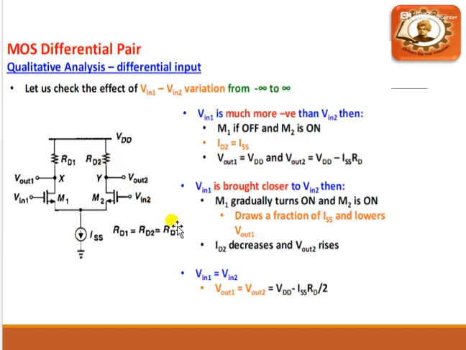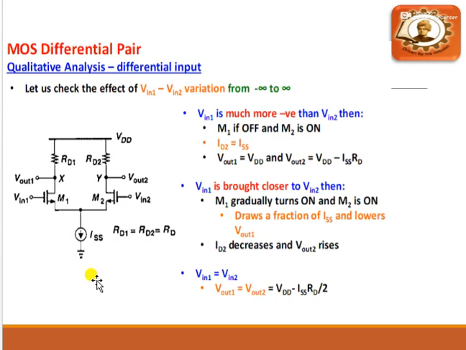Next case, let us consider VIN1 is brought closer to VIN2. Then MOS M1 gradually turns on and MOS M2 is already on. So that will draw a fraction of ISS and that will lower Vout1. So ID2 automatically decreases and Vout2 rises.